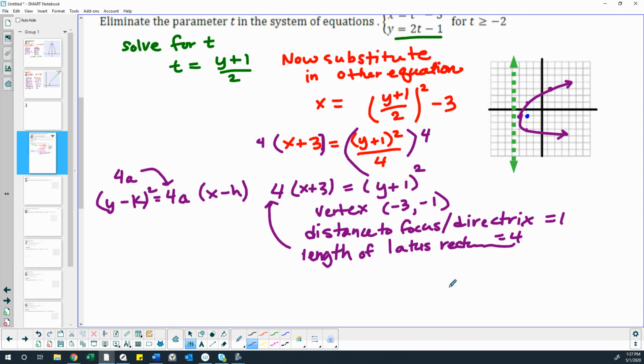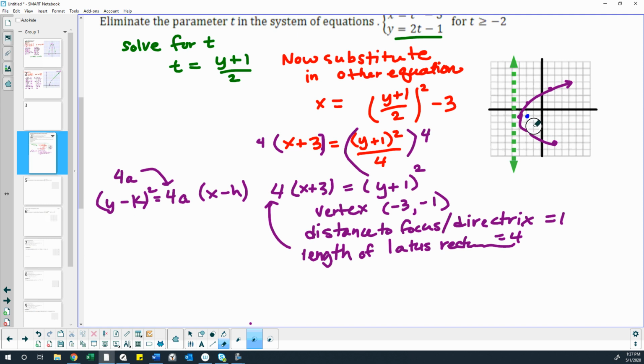And when we graphed the parametric equations, t had to be greater than or equal to -2, which meant that our graph actually started at a point here. What was it? It was at (-2, -5). 1, 2, 3, 4, 5. I didn't sketch this very well, as usual. So rather than our parabola going forever that way.